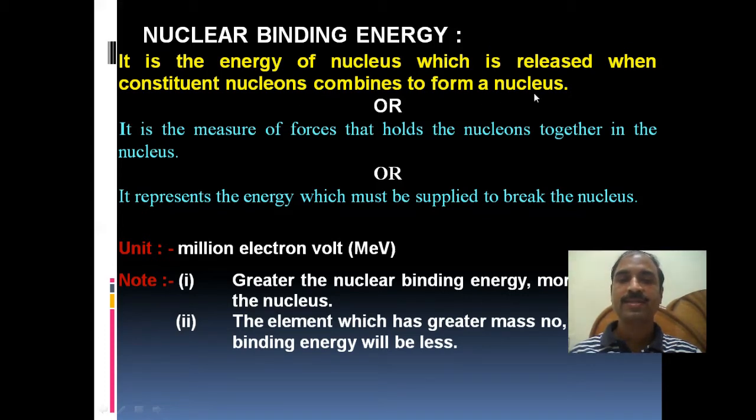In other words, it is the measure of the forces that hold the nucleus together, or it may represent the energy which must be supplied to break the nucleus. In this way, we can describe nuclear binding energy. The million electron volt is used as its unit.